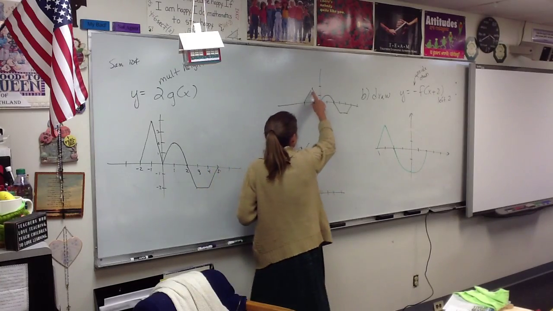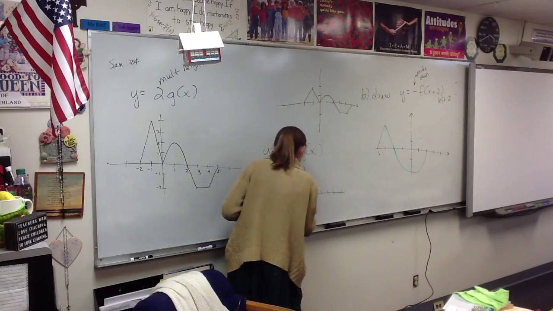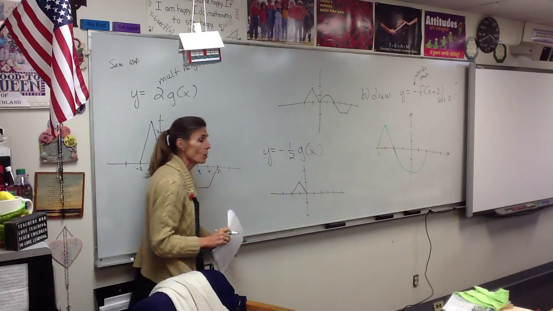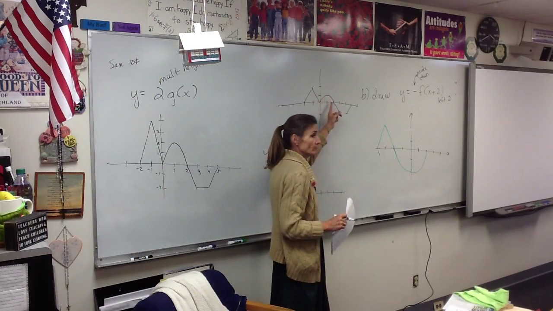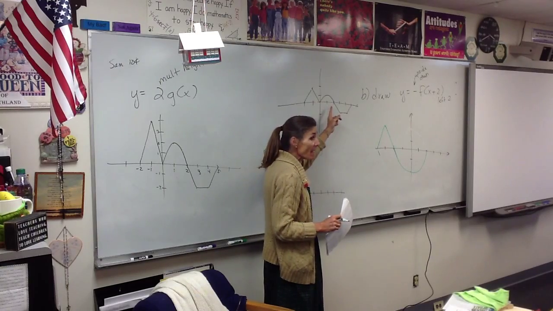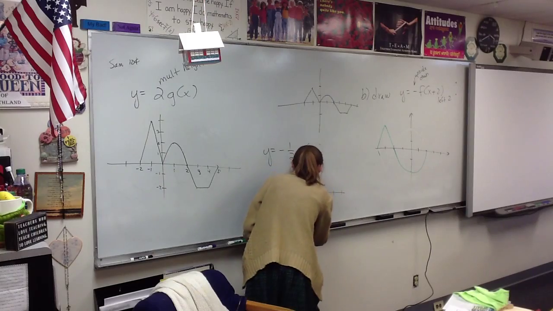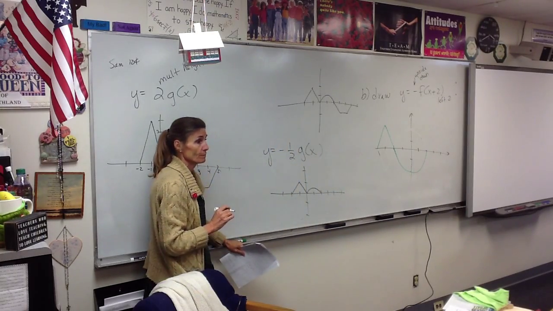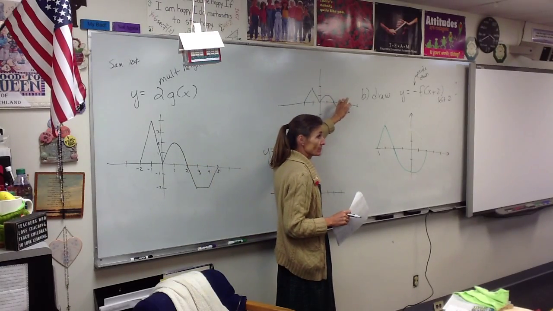So see this mountain? How tall is he? 2. So if I half him, he's only going to be 1. So there's my mountain. Now he's only 1 tall. How tall is this circle? 1. Okay, now I'm halving it, so it's only going to be 1/2 now. How deep is the trapezoid? 1.